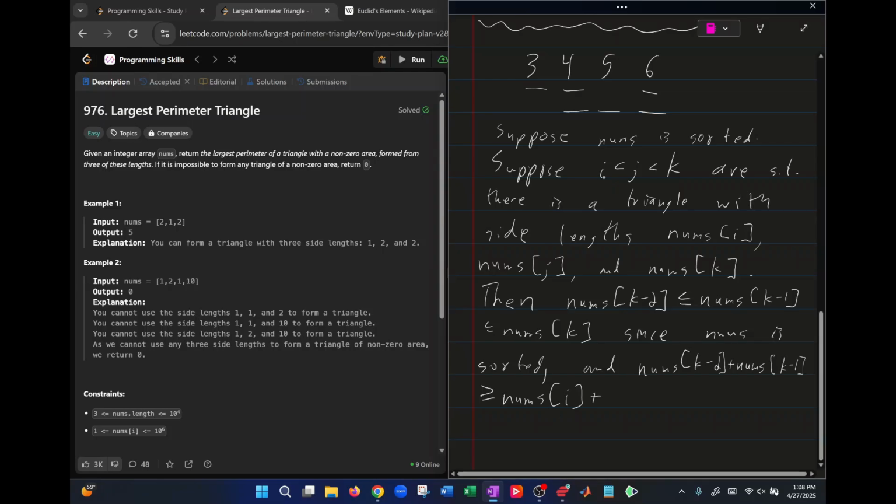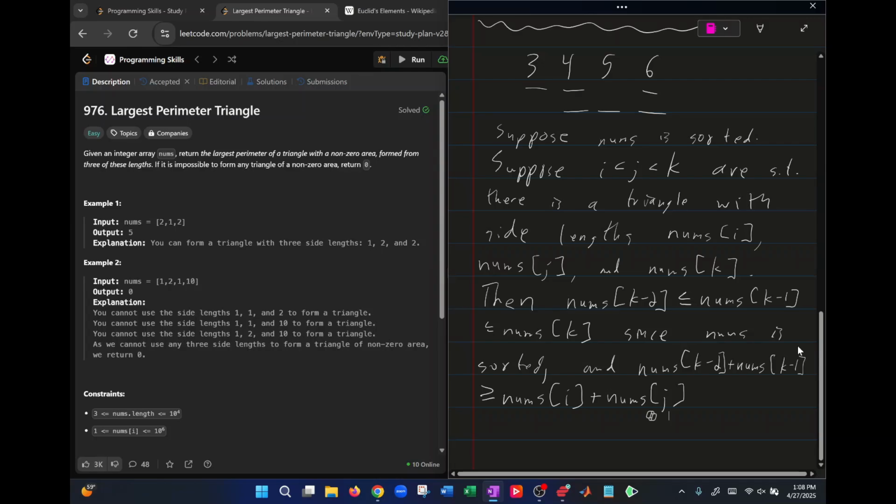And furthermore, by the same argument, nums j is less than or equal to nums k minus 1. Because j is strictly less than k, the largest possible value of j is k minus 1, which means nums j is less than or equal to nums k minus 1.